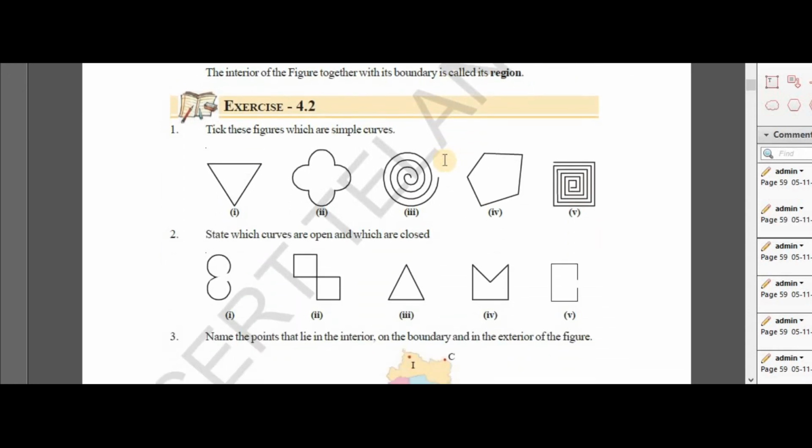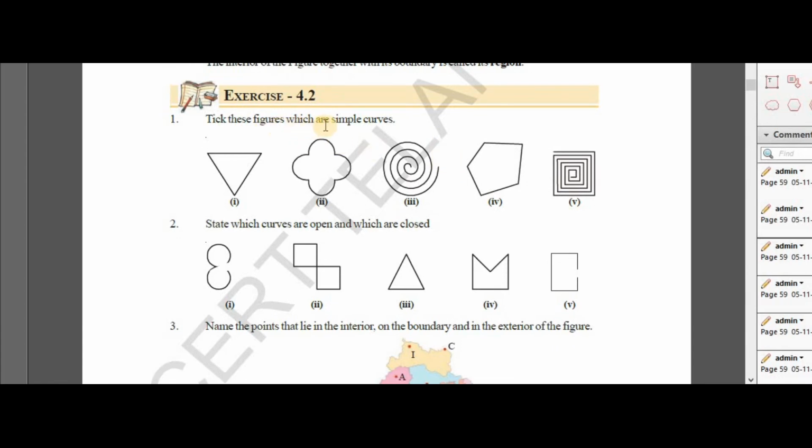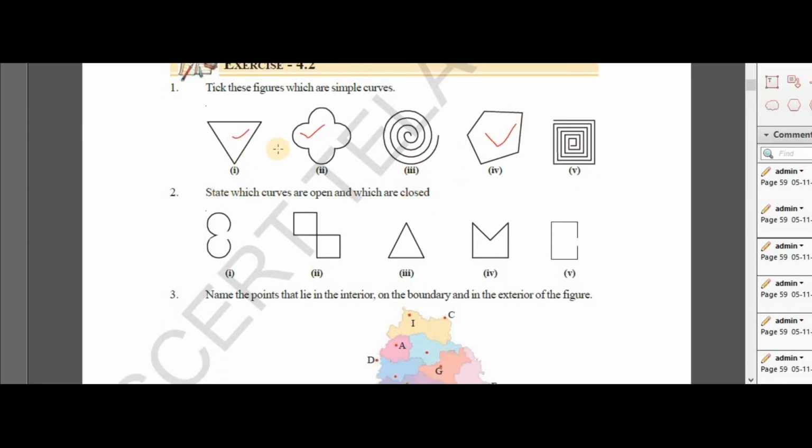Now what is exercise 4.2? Take the figures which are simple curves. Among these figures, those which are simple curves, you should tick. The third one is open and not closed, and this is also open.